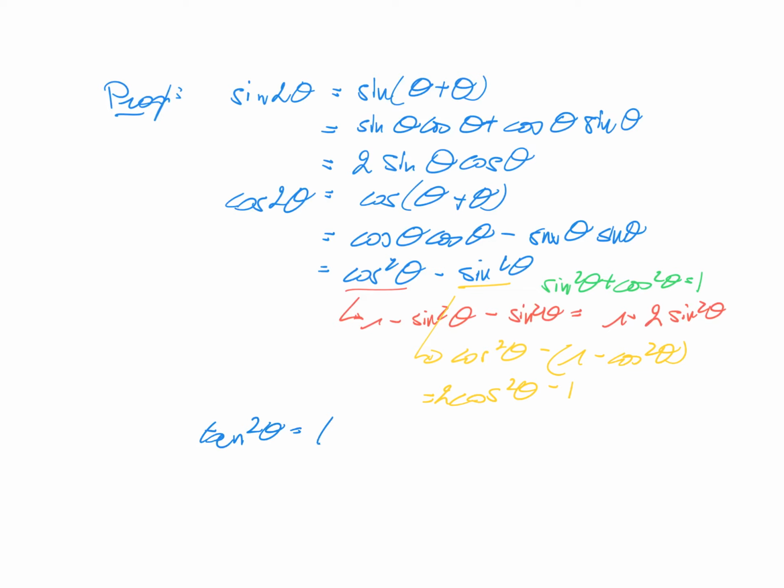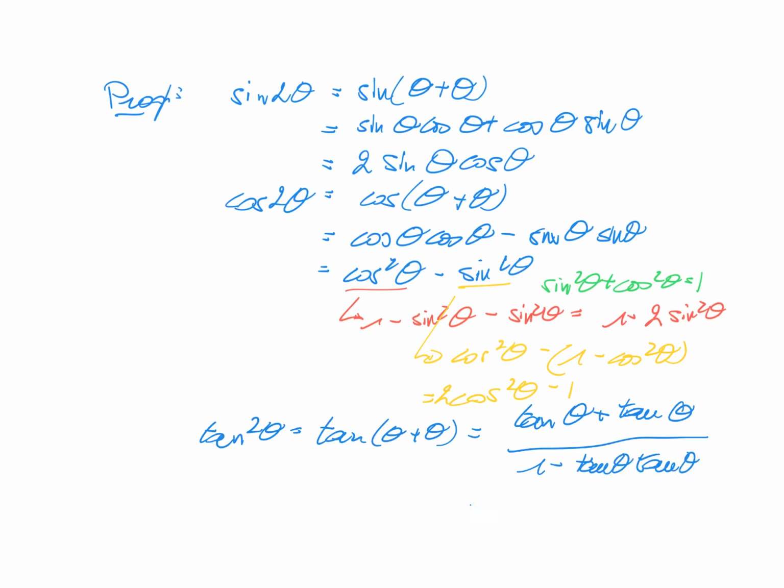Tangent of 2 theta, again, is tangent of theta plus theta. We plug in the formula, so this is tangent of theta plus the tangent of theta divided by 1 minus tangent of theta times tangent of theta, which is 2 times tangent theta divided by 1 minus tangent theta squared. So we have proven all three formulas very easily. They just follow from the addition formulas.